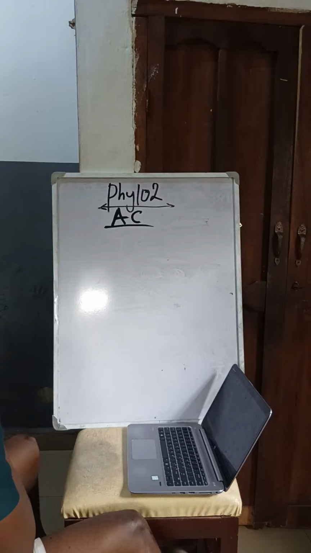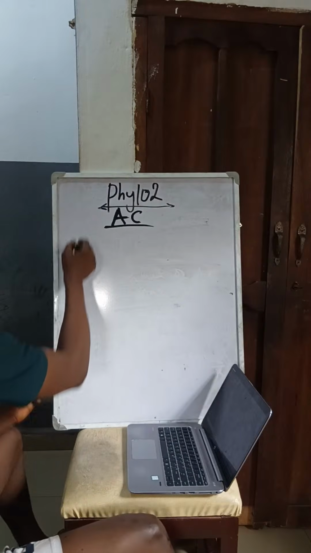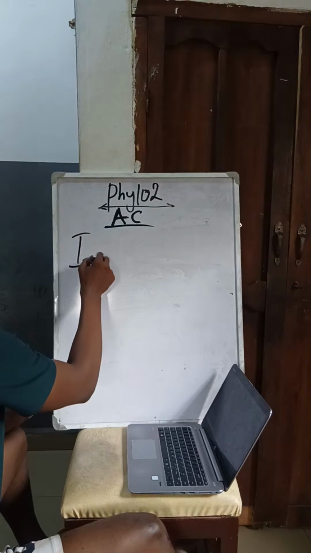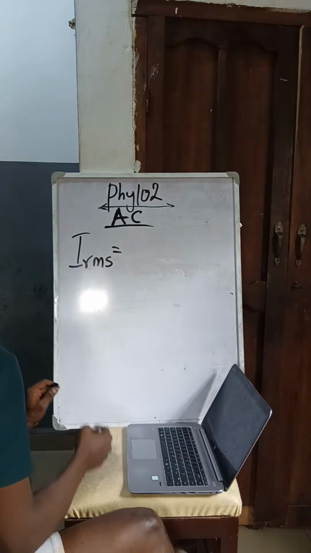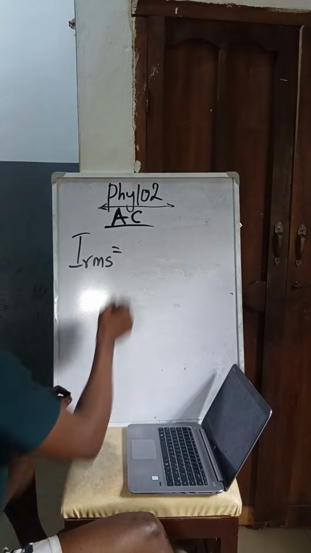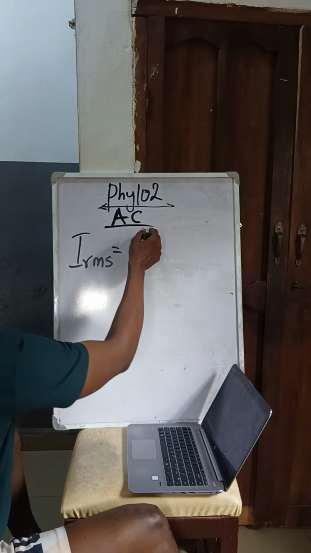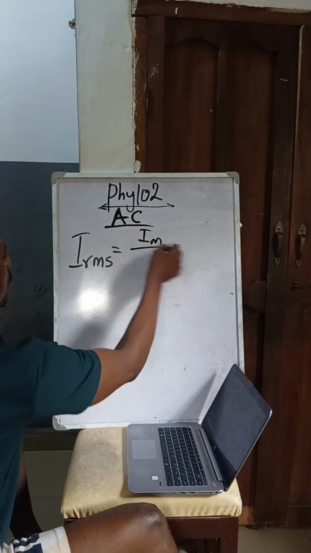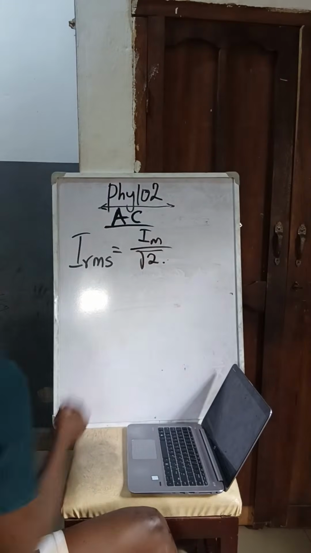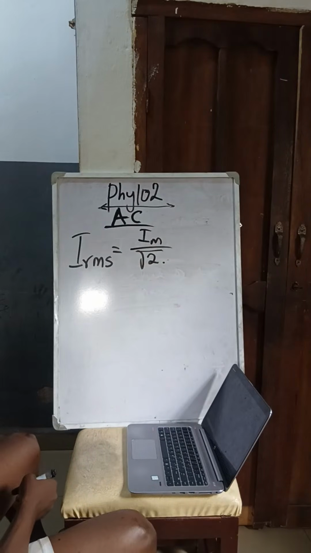What is the root mean square value of AC current? Root mean square value of AC current is the peak value over root 2.